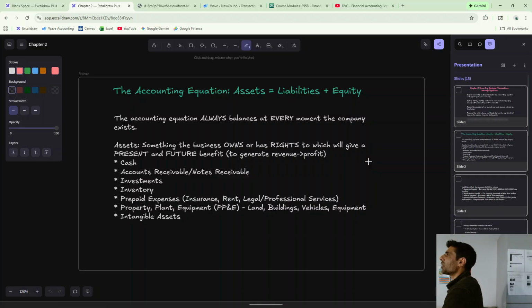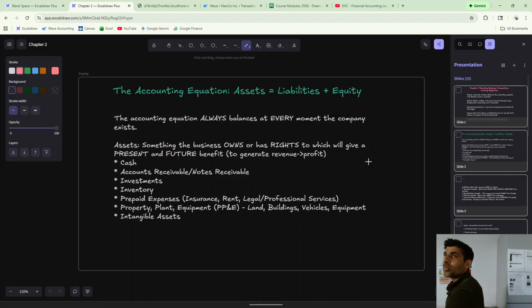It's about future benefit, okay? The inventory I have sitting in my warehouse, I can return it and get cash back. I can sell it for a profit. I'm going to get some future benefit from it, right? The salary that I pay to my employee is gone, right? Even though I paid them for last month, if I don't pay them the next month, they're going to stop working for me, right? So an expense is something that you've already used up and you're not going to get any future benefit from.